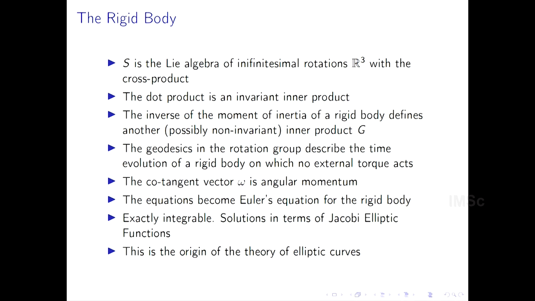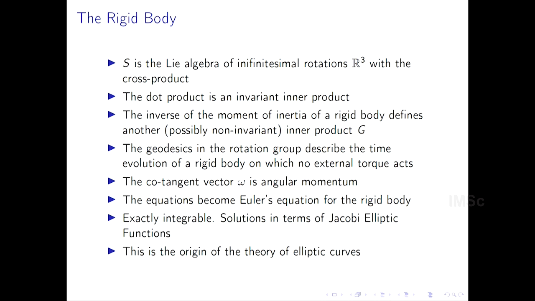What this equation is saying is that the derivative of angular momentum plus the cross product of angular velocity and angular momentum is equal to 0. And angular velocity and angular momentum are related by multiplication by the moment of inertia. So these are the famous Euler equations. I didn't write them down, but I'm sure you've seen them in every book on classical mechanics.